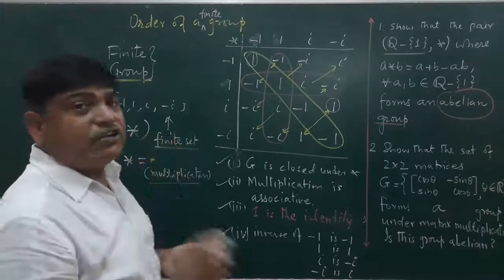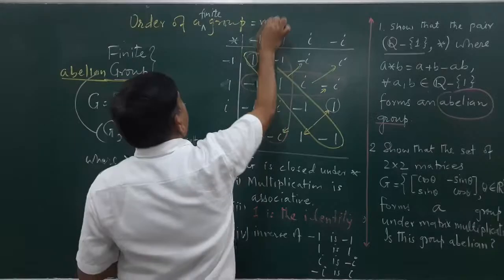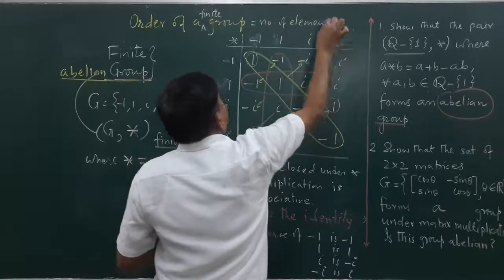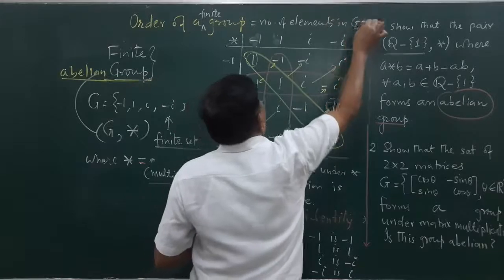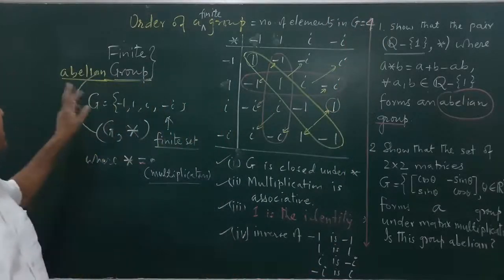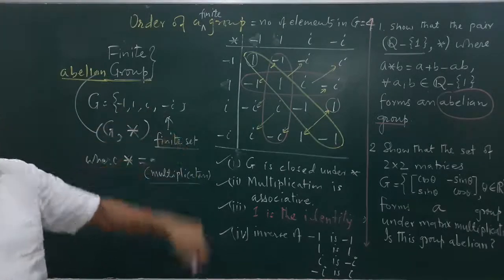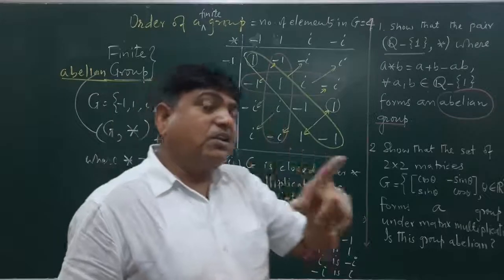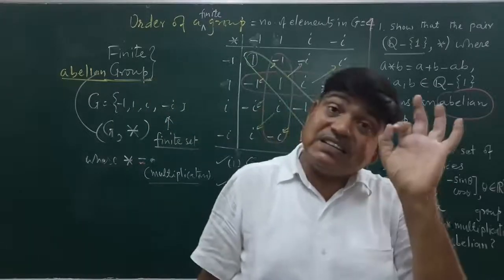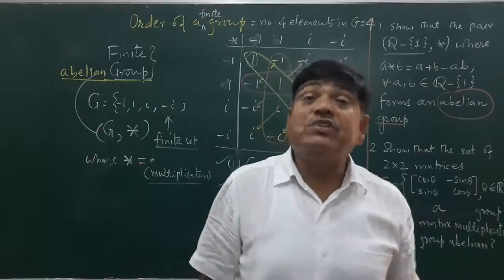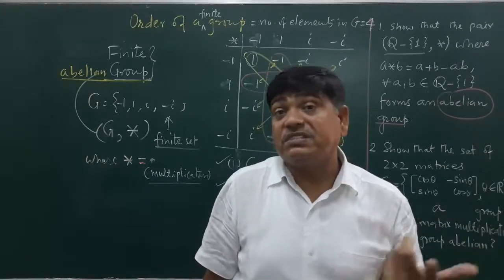Order of a finite group means number of elements in Z, and that is 4. कितने elements हैं? 1, 2, 3, 4. So what is the order of this group? 4. Order of a finite group is a finite number. If the group is not finite, is infinite, then its order is infinite.